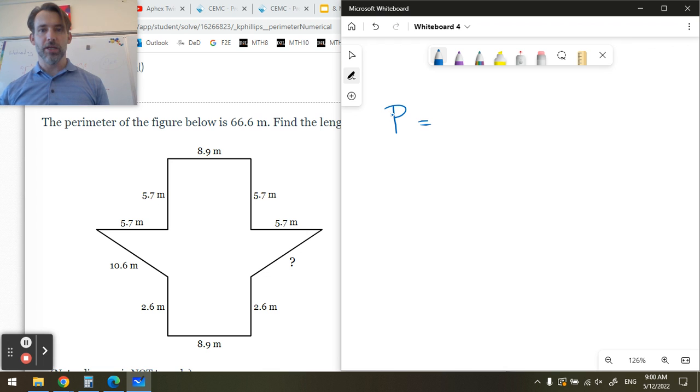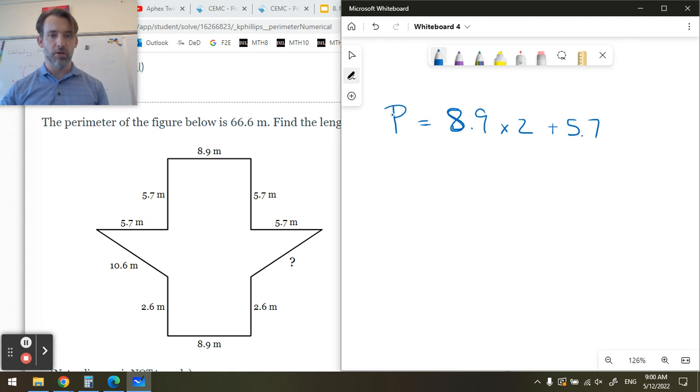Well, there's 8.9, which is one of the sides, but it happens twice. So 8.9 times 2 plus 5.7 is another side, but it happens 1, 2, 3, 4 times. And then we also add a 10.6, and we're also going to add, forgive me for working vertically there a little bit, 2.6 times 2.